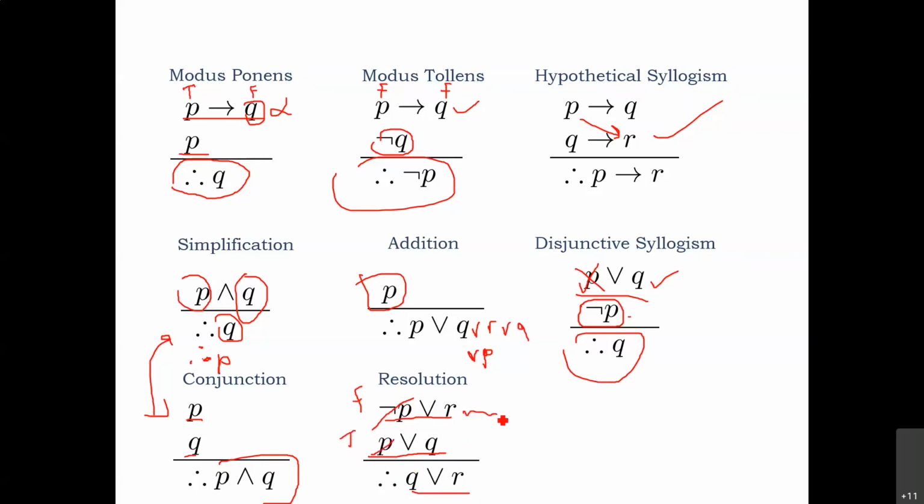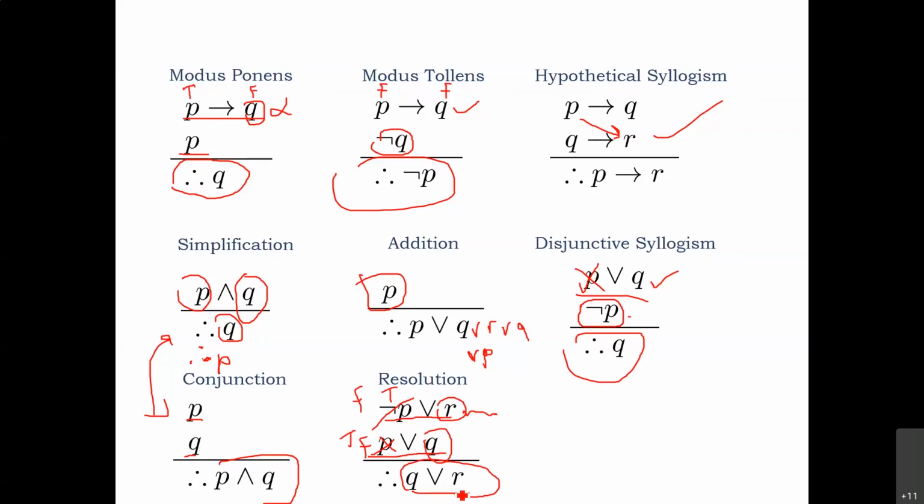Since this whole thing is true, then R has to be true. So it's equivalent to saying Q or R. Or if it was the other way around, if P was false, then this would have to be true, then Q also has to be true. So in any possibility, either Q or R has to be true. Okay, maybe spent a bit too much time on this part.